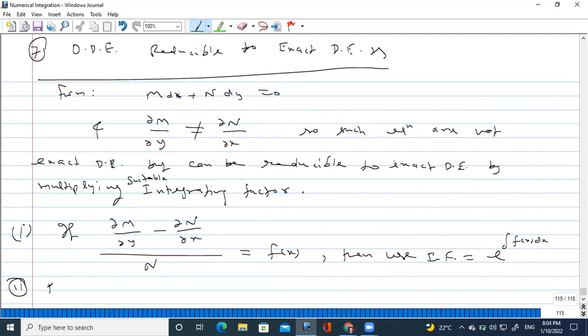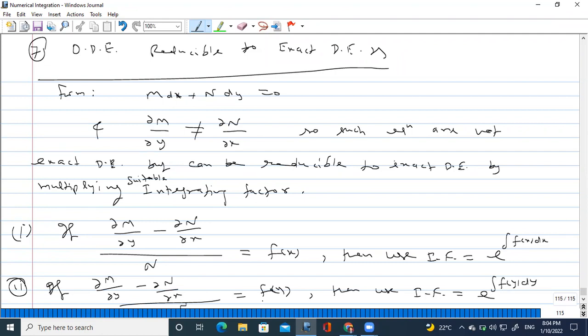Number second, if del M over del y minus del N over del x, divided by M, is equal to f(y), then use integrating factor e to the power integral f(y) dy. Okay, note down this. There is denominator N in both cases?